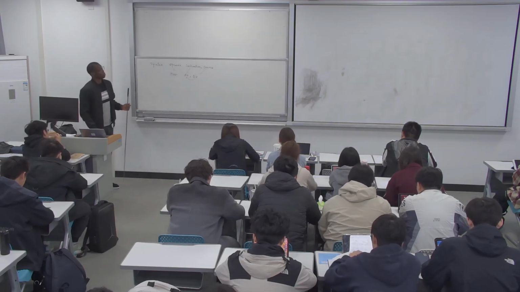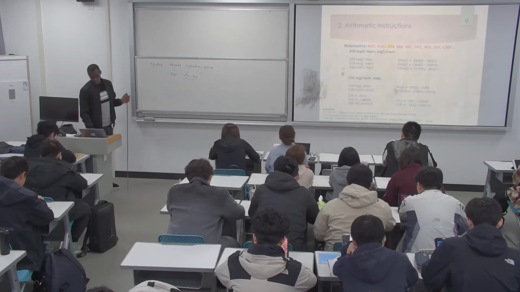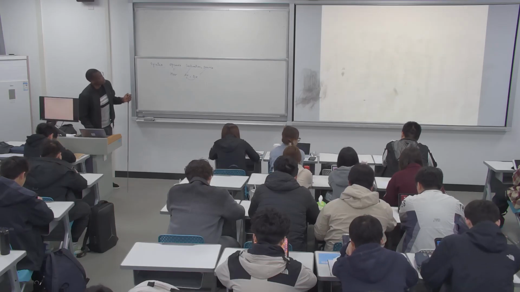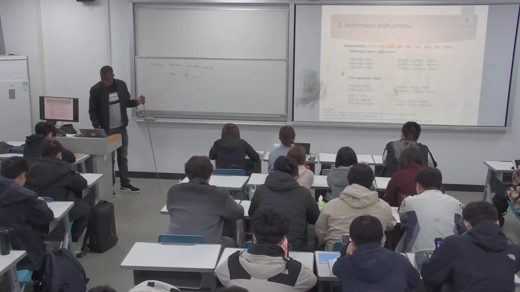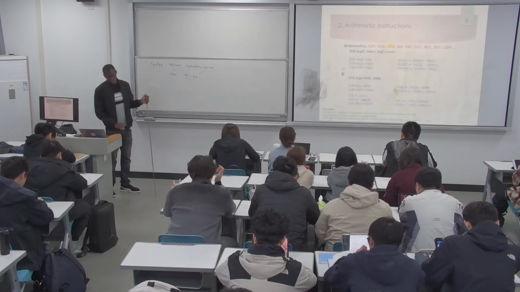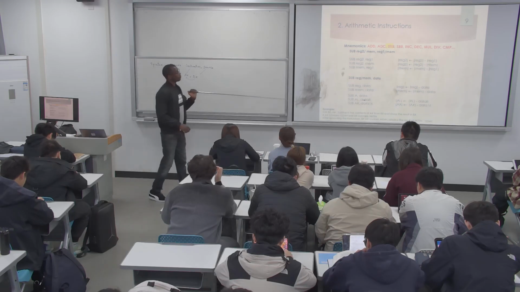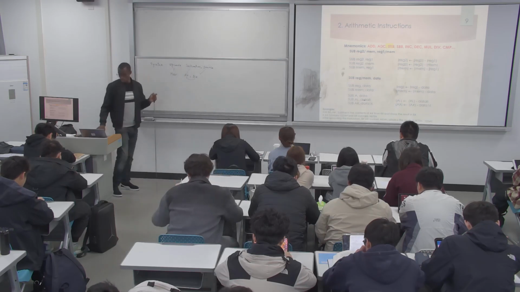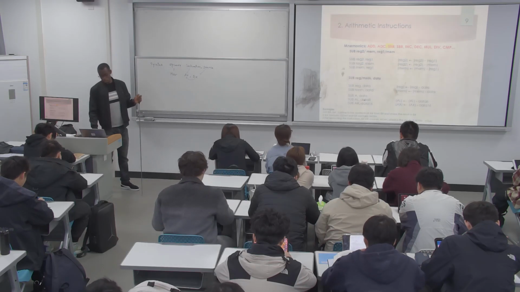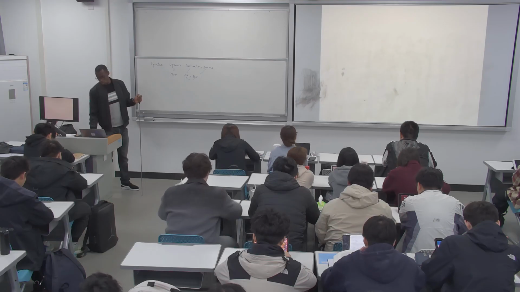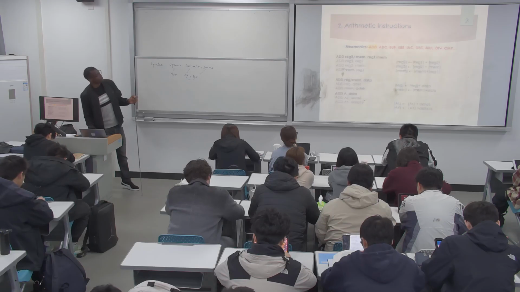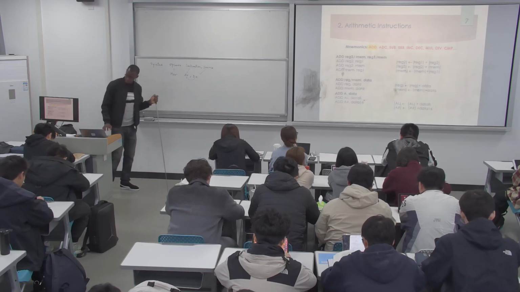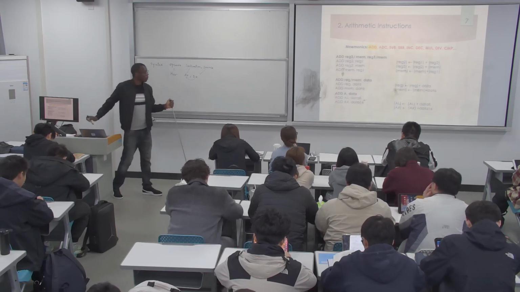So the difference between these two addition arithmetic operations is that for add, it doesn't take any previous carry, but for add with carry, it will take into account the previous carry. So this is really important.